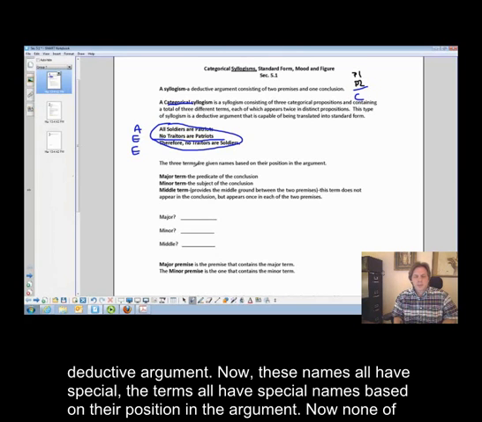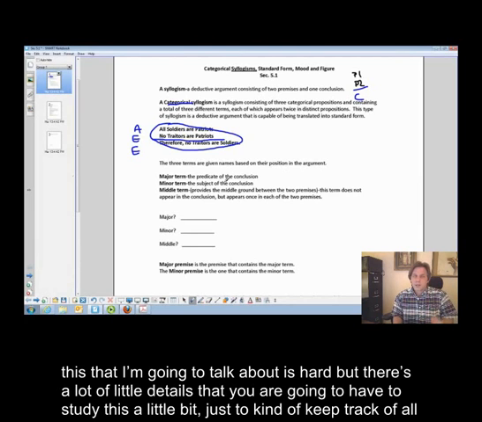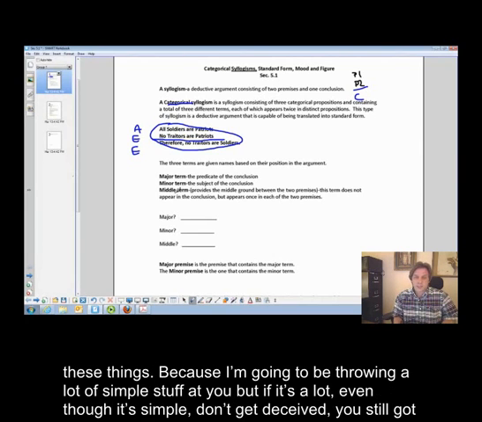Now, all the terms have special names based on their position in the argument, okay? Now, none of this that I'm going to talk about is hard, but there's a lot of little details, so you're going to have to study this a little bit just to keep track of all these things, okay?